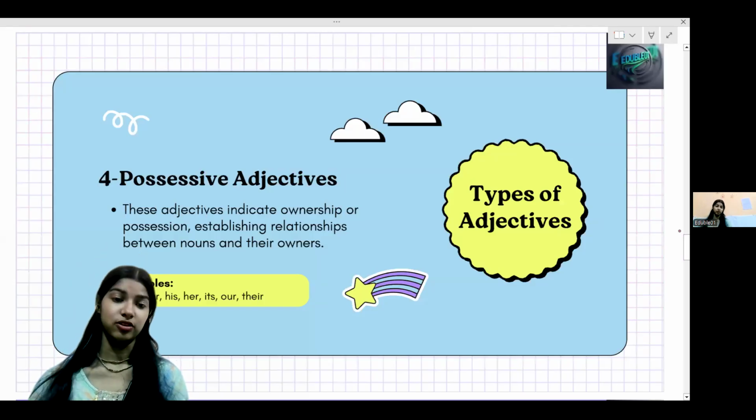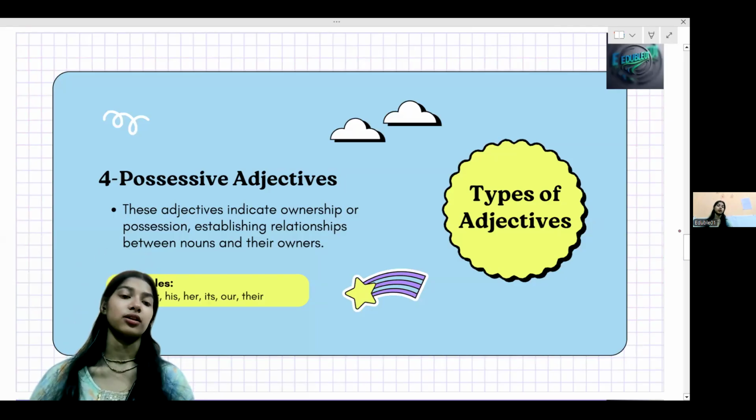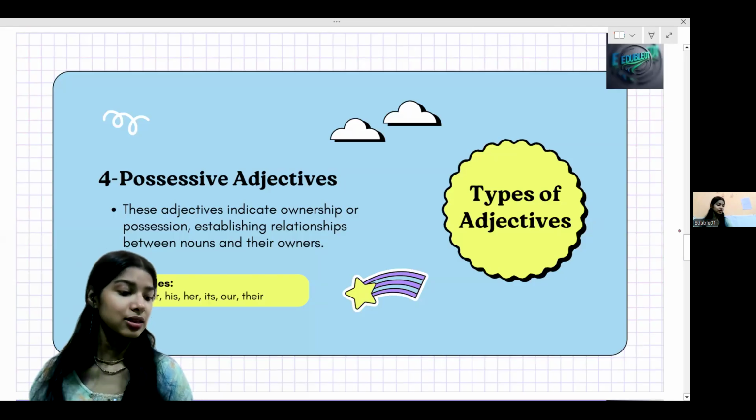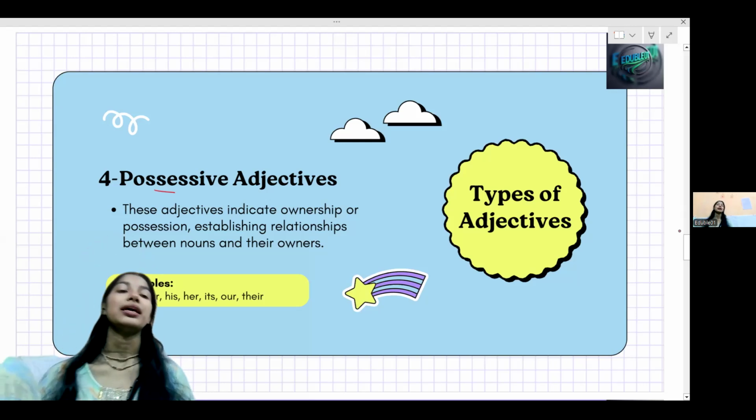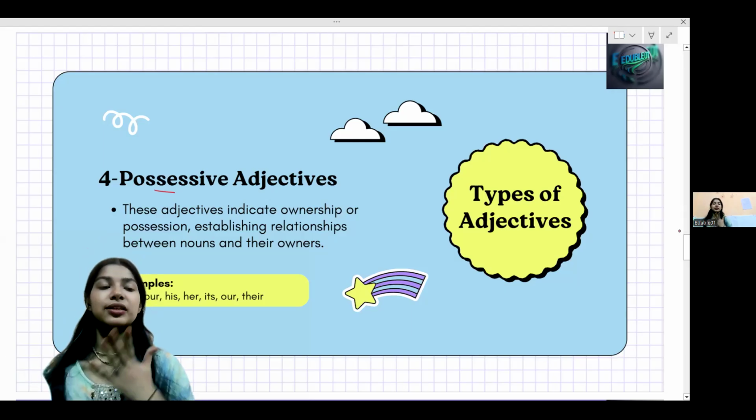Next is possessive adjective. As the name suggests, it tells about the possession or ownership of anything.